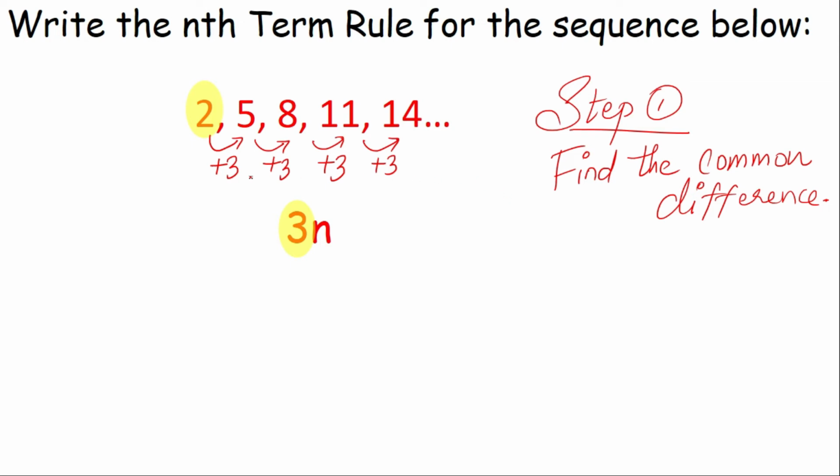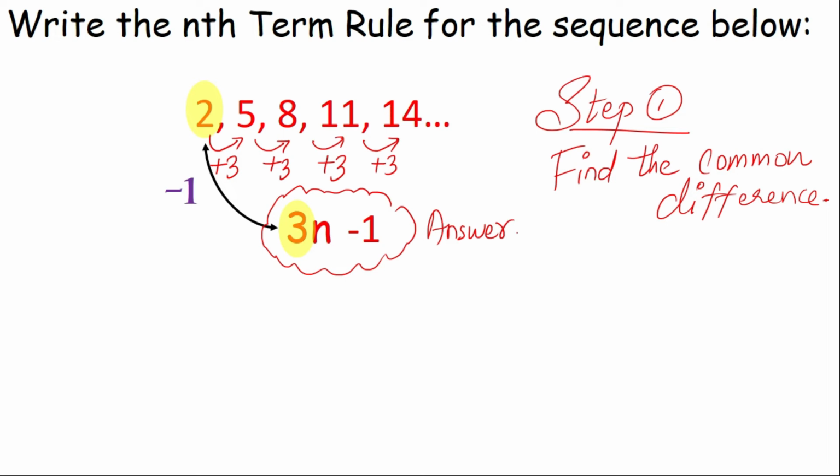You have written the common difference along with the n, 3n, and from the number 3, how can you get the number 2? You have to subtract a 1 from 3 to get a 2. So your final rule looks like this, 3n minus 1. This is your answer.